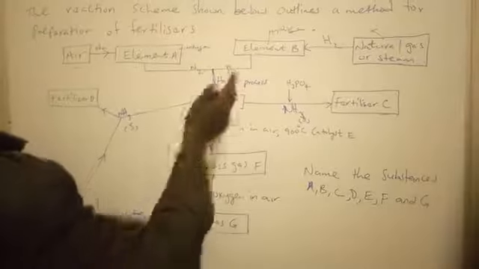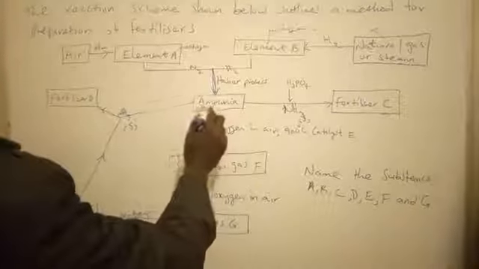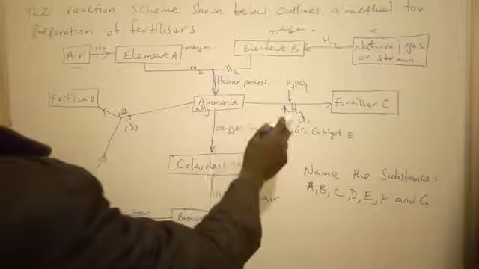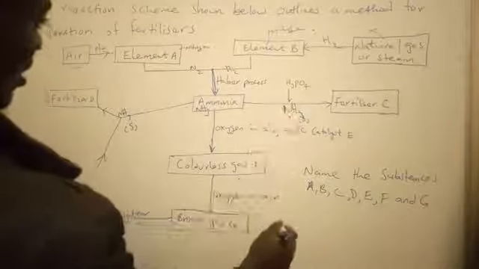Hydrogen, when these two undergo the Haber process, we end up forming ammonia gas. When you add phosphoric acid to ammonia, we end up forming ammonium phosphate.